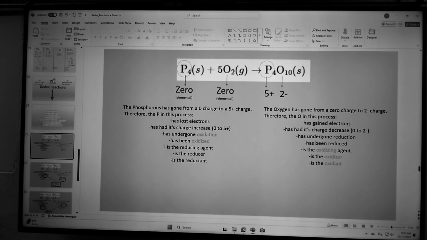It can be a reducer, a reducing agent to something else. But it itself is undergoing oxidation. You see what I'm saying? I know that can be a little confusing. But the whole point here is that phosphorus is losing electrons and oxygen is gaining electrons in the course of this reaction.